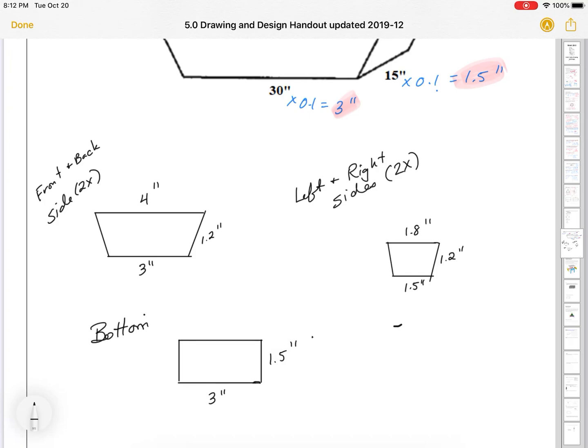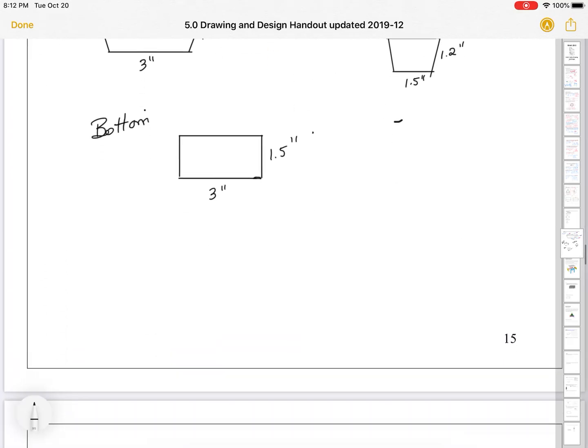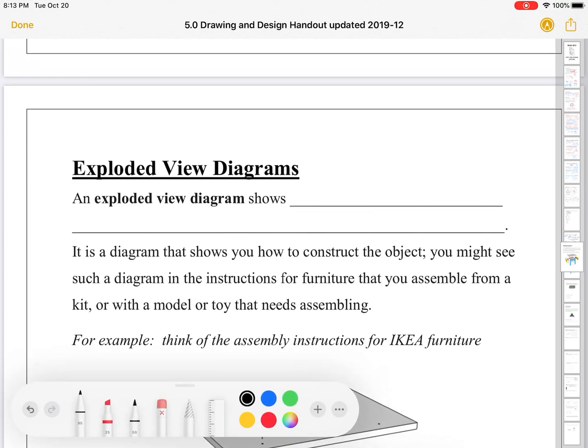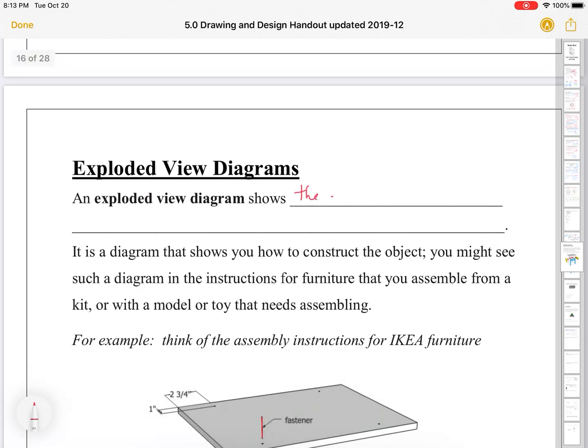For an exploded view diagram, it's a little bit different. It shows the components of an object and how they fit together.